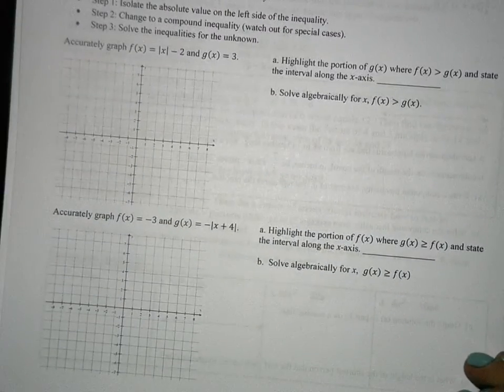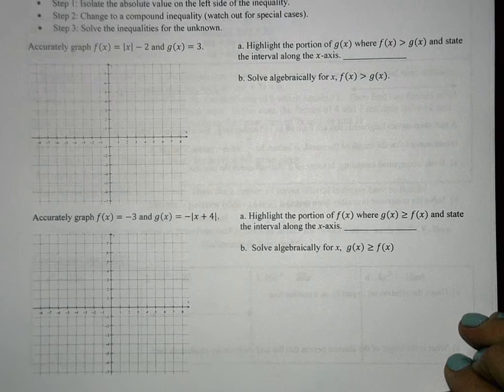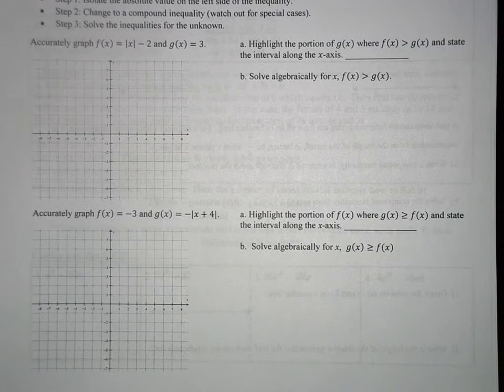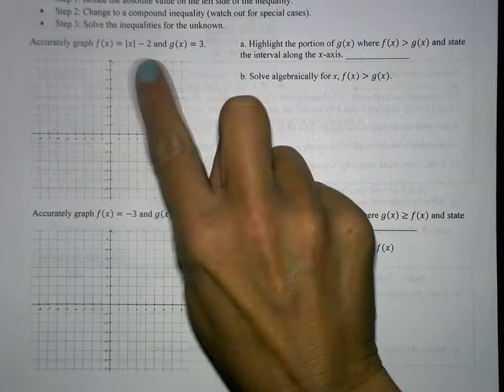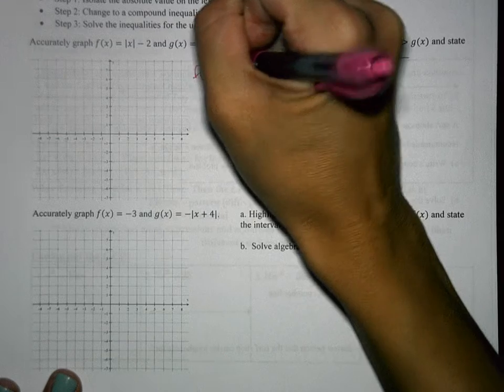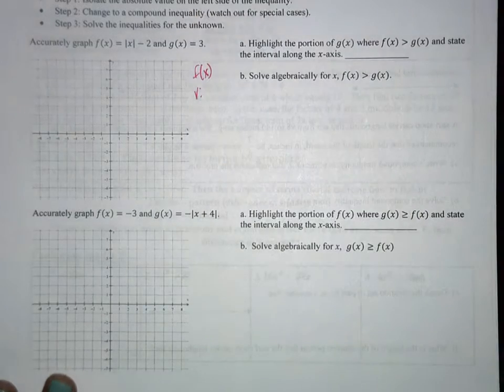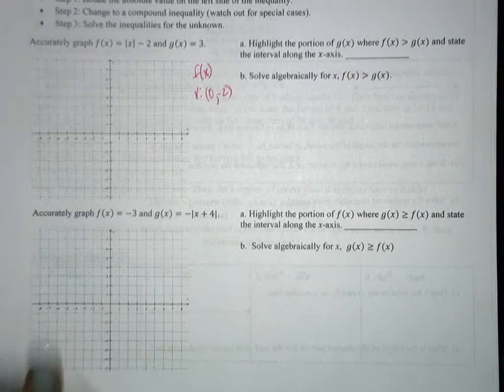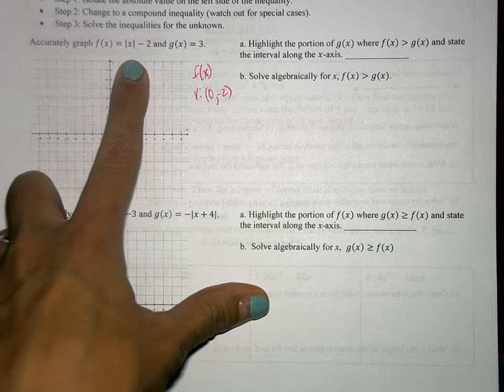Okay, so just like yesterday, we are going to graph, and then we're also going to solve it algebraically. So to start with here, f of x, where will we go first? What is my vertex for f of x? Very good. 0, -2. So notice how with the absolute value of x, there is nothing with it.